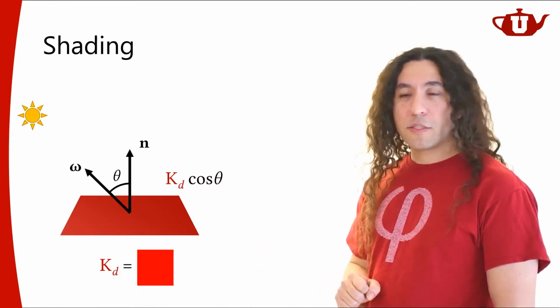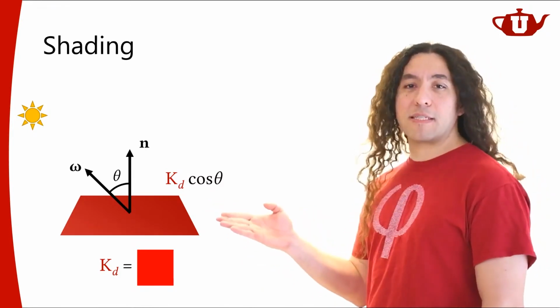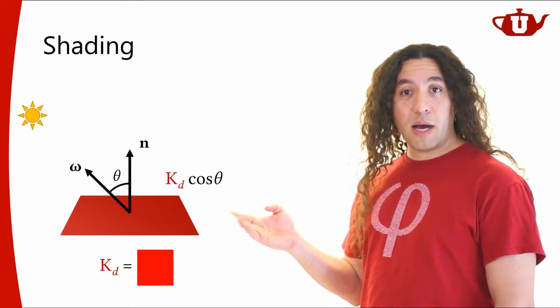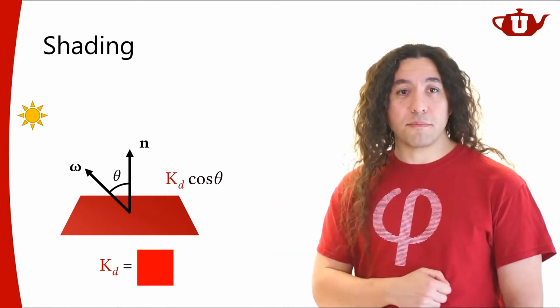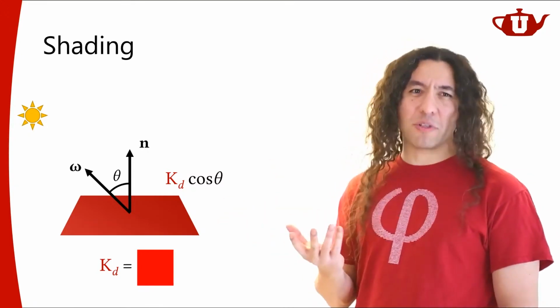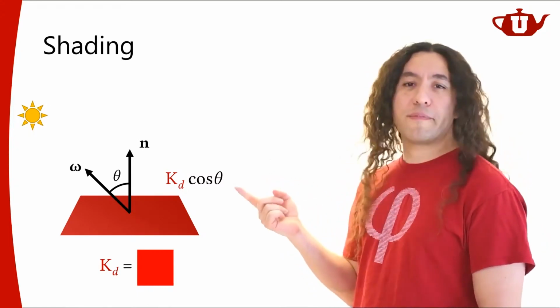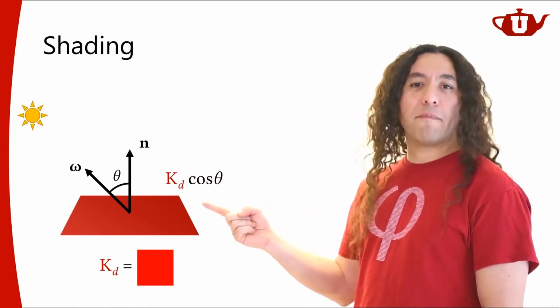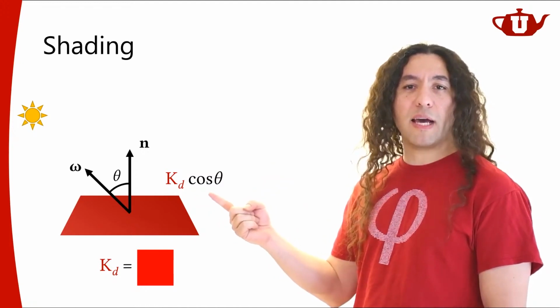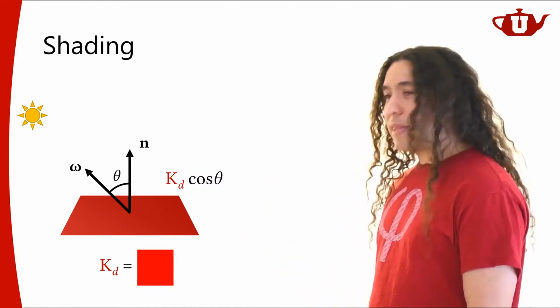All right. So to be able to figure out this color that I'm supposed to see on the surface, I need to compute this cosine theta term. Now, presumably, I should know the light direction, and I should know the surface normal. And this KD must be given to me, and I should be able to compute KD times cosine theta. That would be very easy.